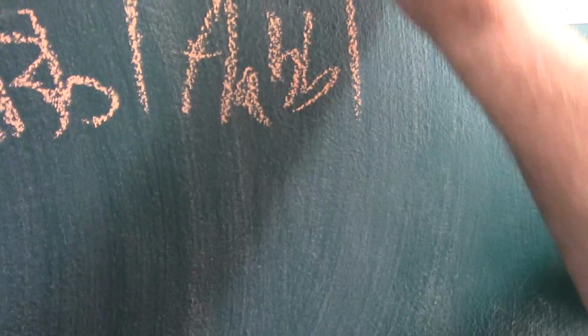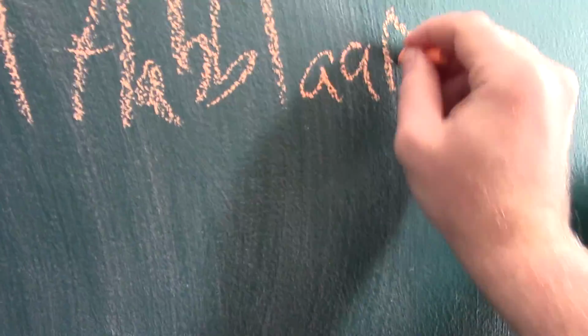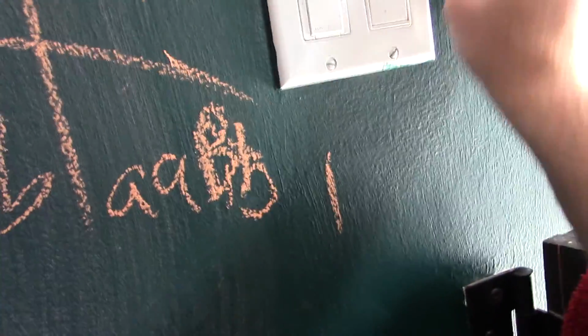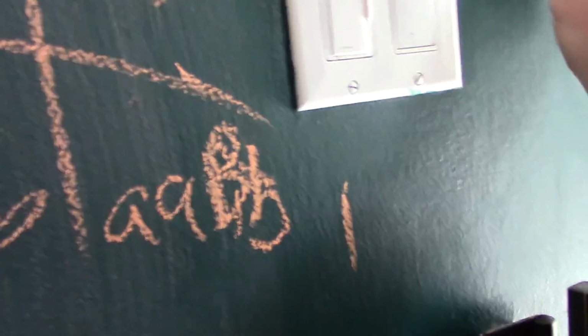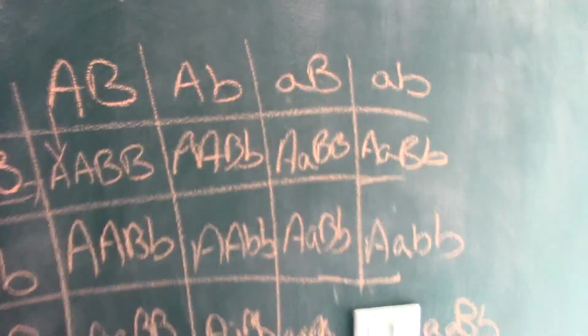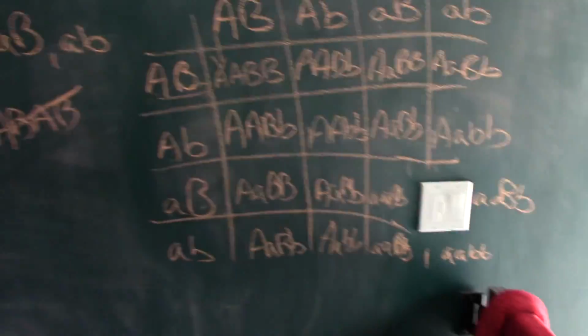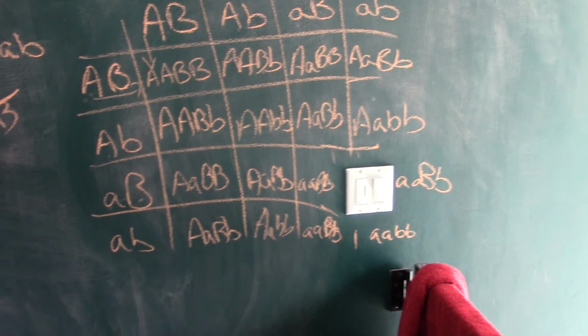This is actually little a, big B, and then little a, big B, little b. This is little a, big B, little b, and then there'll be one here that's little a, little b, little b. So if we have two heterozygotes for a dihybrid cross coming together, you're going to see that.